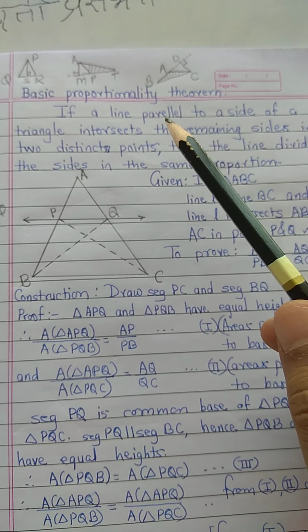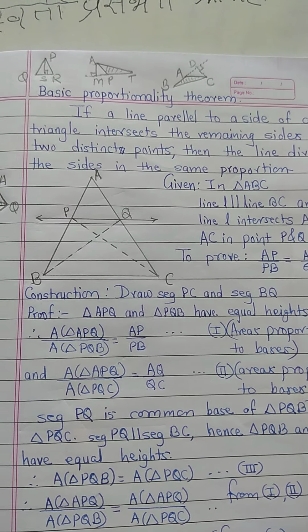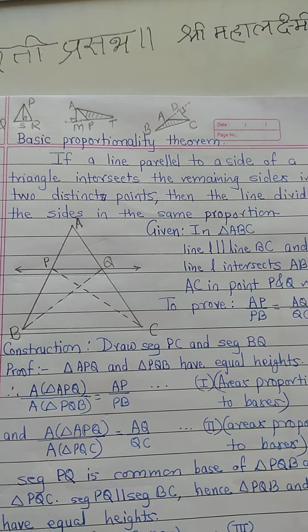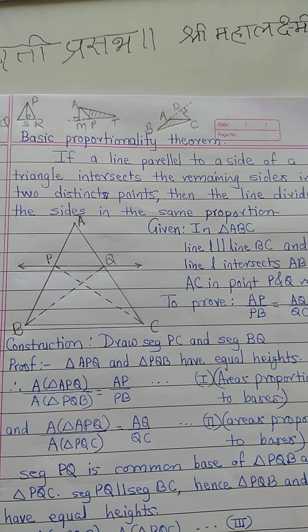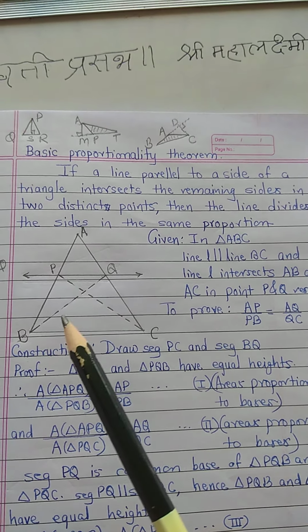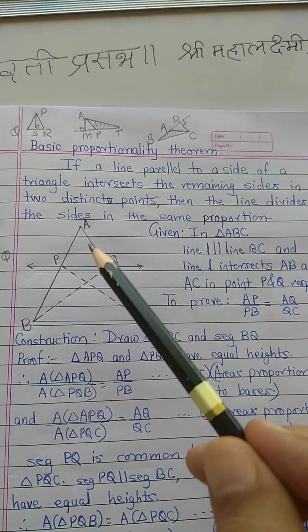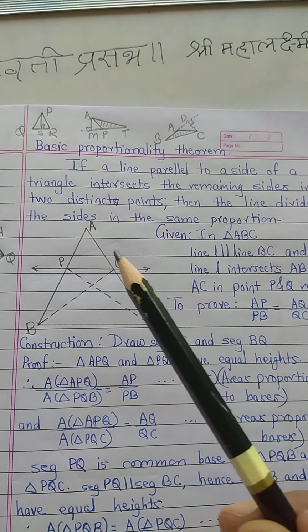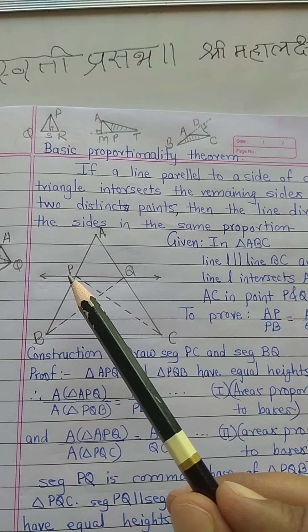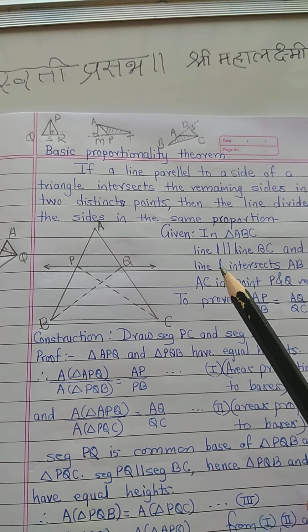If a line parallel to a side of a triangle intersects the remaining sides in two distinct points. See here, line PQ is parallel to BC and it intersects segment AB and segment AC in two distinct points, point P and point Q. This is the given part.